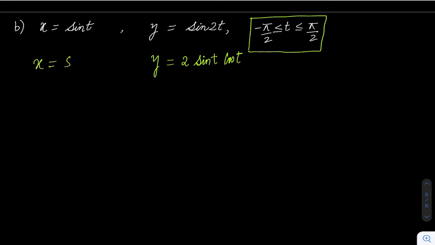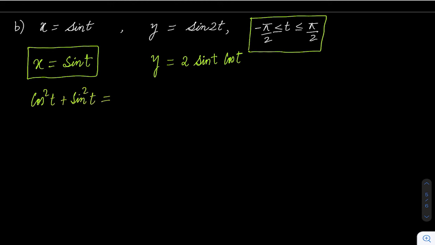X is sine t. So now you have to think what you have to do to eliminate t using these two equations. So one way I can think is, if I have sine t value, I know how to find cos t also. So I can use cos square t plus sine square t is 1.